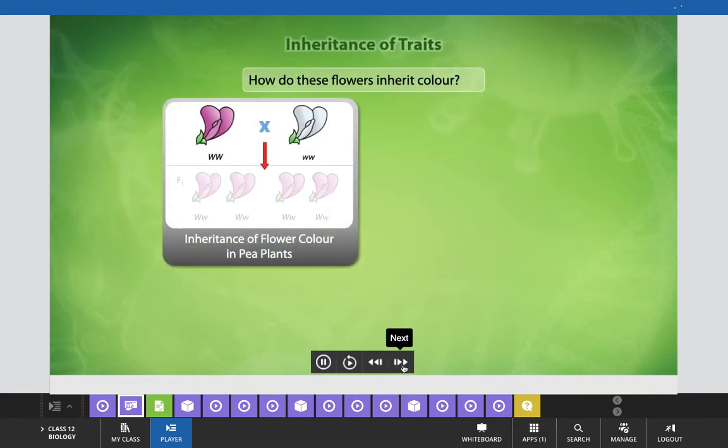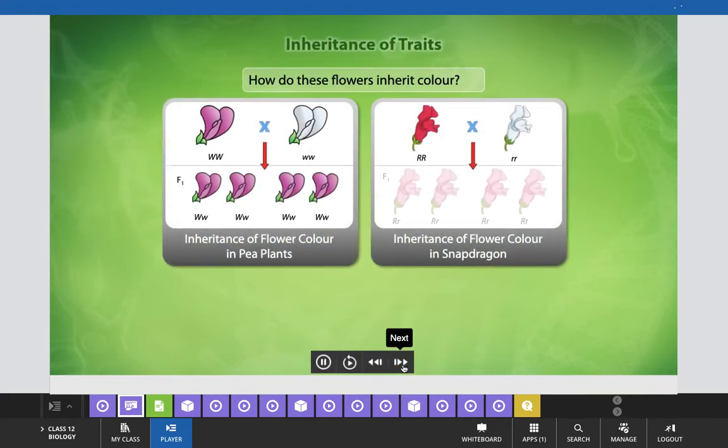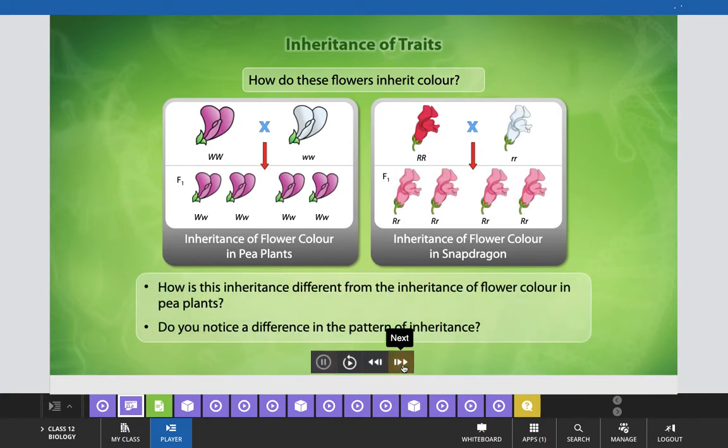Let's start with Mendel's concept of inheritance about the traits. How do these flowers inherit color? Here are two examples. One is of pea plant and another is of snapdragon flower.